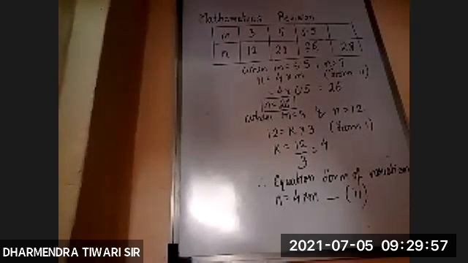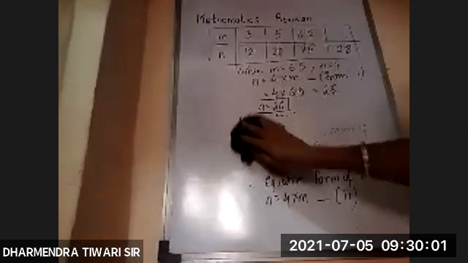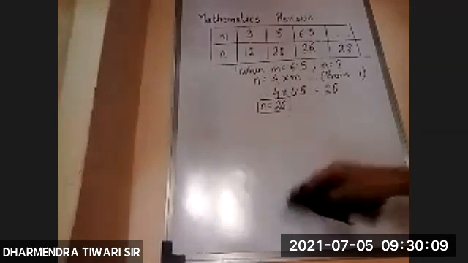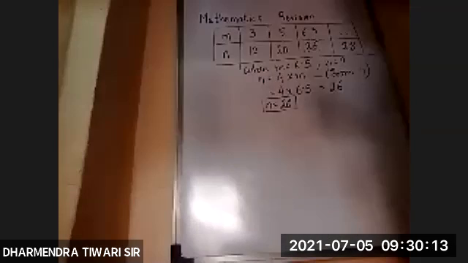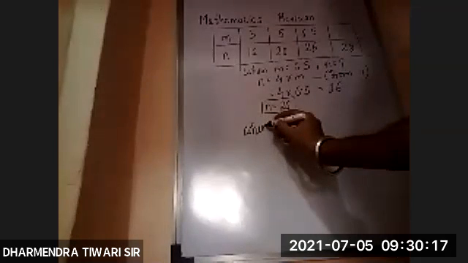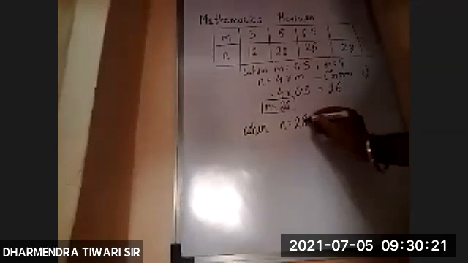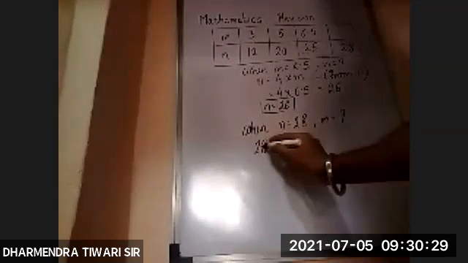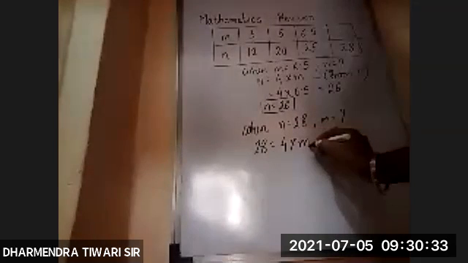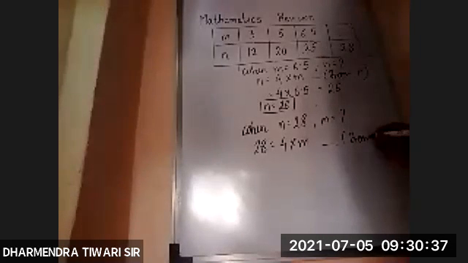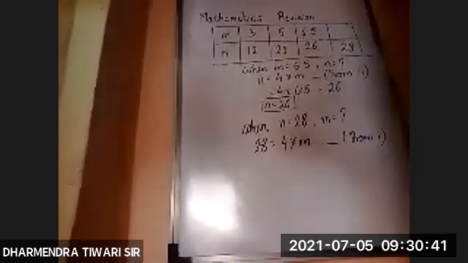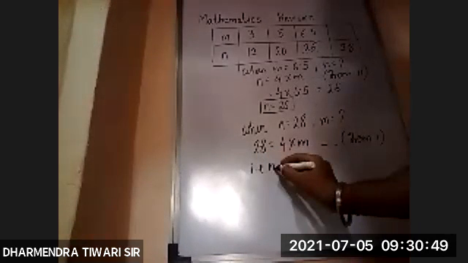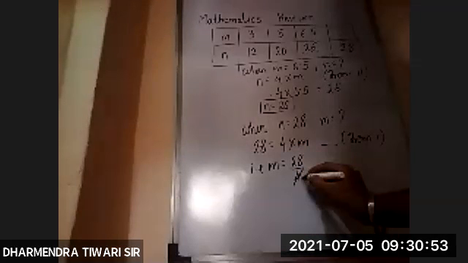Now, the second part, that is when N is 28, they're asking us to find the value of M. From N is 28 is equal to 4 into M, this is from equation 1, so M is equal to 28 divided by 4. 7 fours are 28.